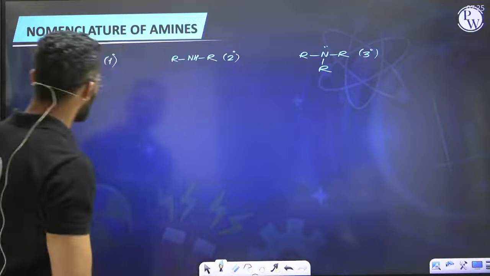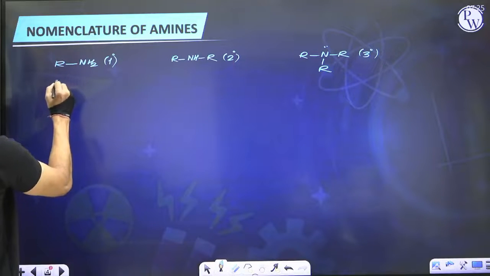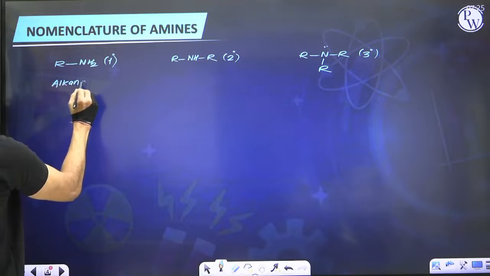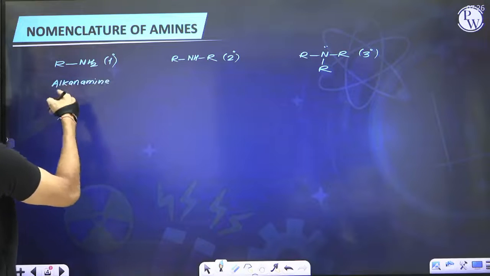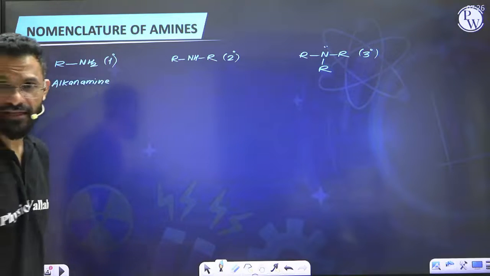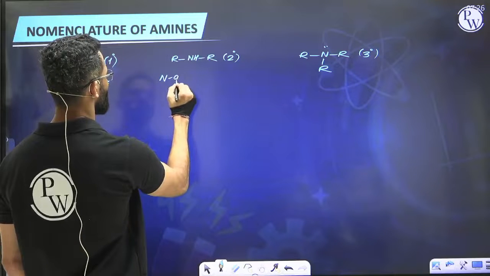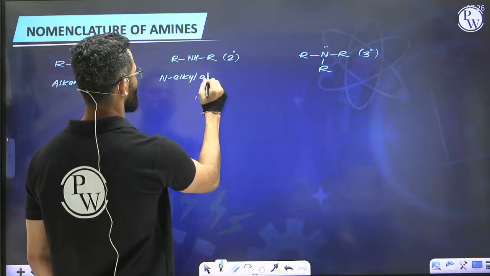Now when you talk about the naming system of these amines, primary amines are named as alkanamine. Of course, we have to be very precise about the number of the carbon atom where the amine group is present. When it comes to secondary amines, they are named as N-alkyl alkanamine.